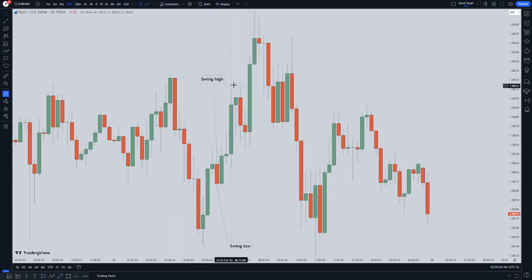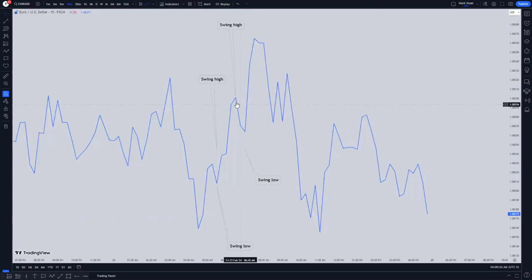But in this case, once price gets here, this is technically the highest point, and as you can see, we had a curve, so this will form the swing high. This was the lowest point, and this will form the swing low. If you go down to the line chart, you're able to see that we have the curve, and then we have the curve. Now this is also a curve.